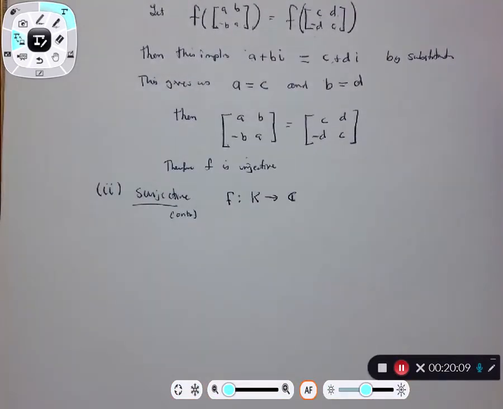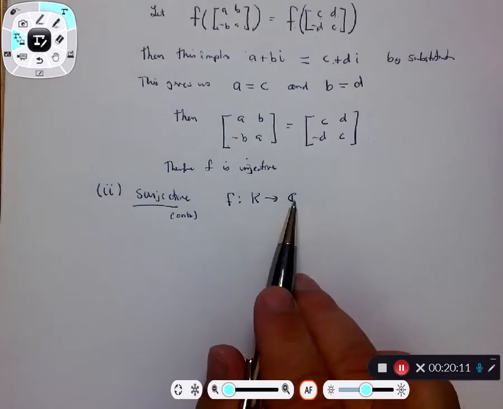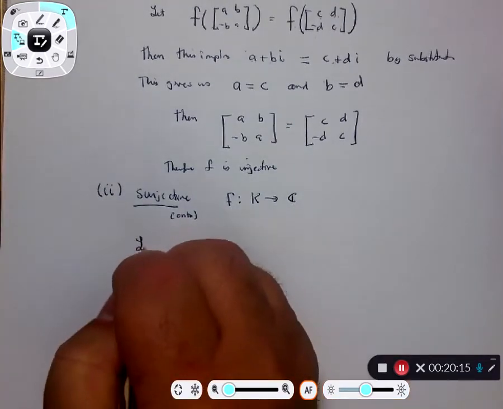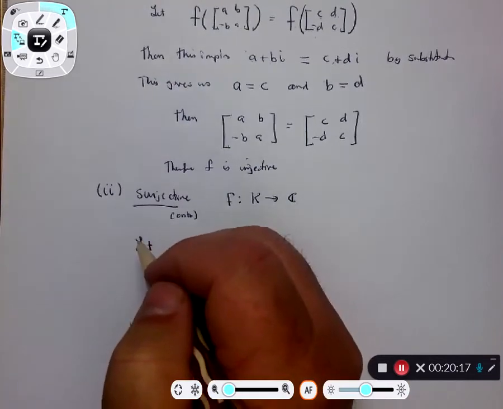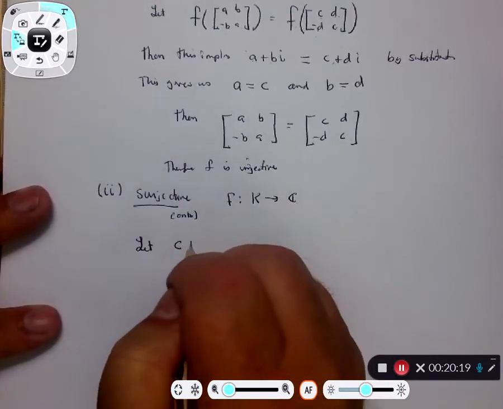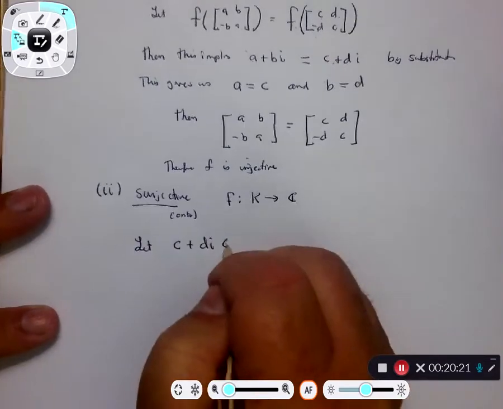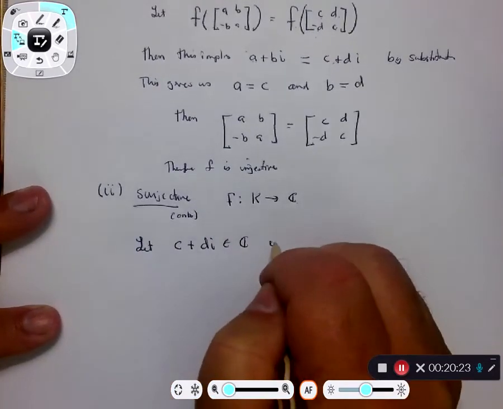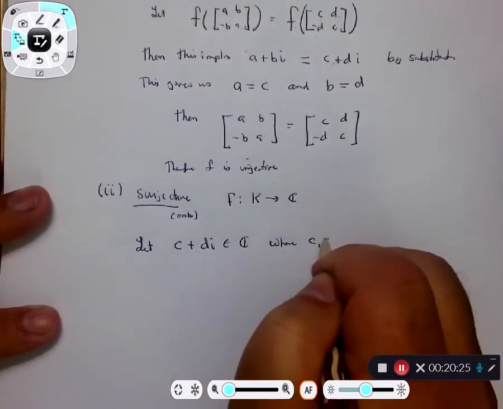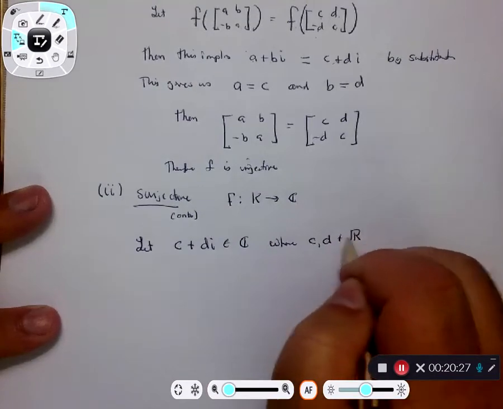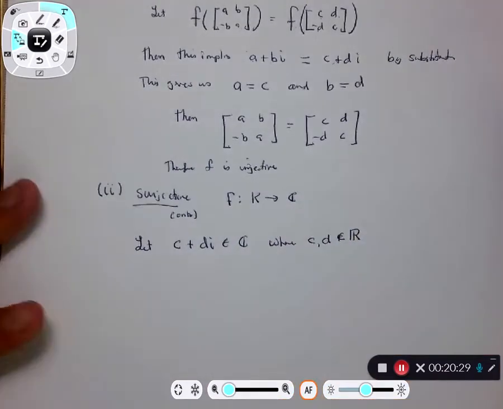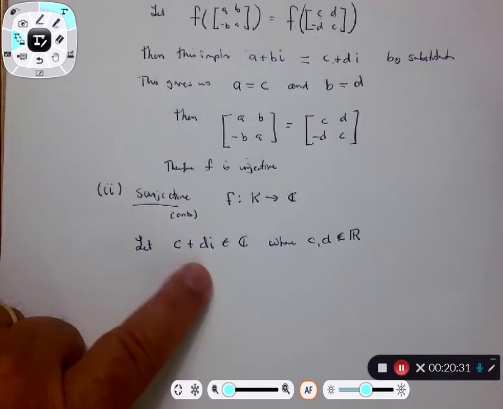You've got to pick an arbitrary element over here in the complex world. So let c plus di be a complex number, where obviously c and d are real numbers.